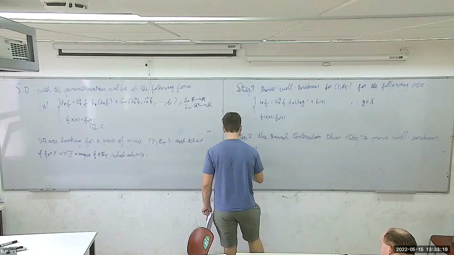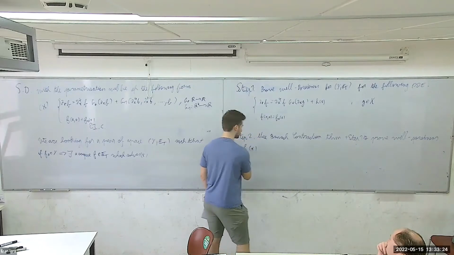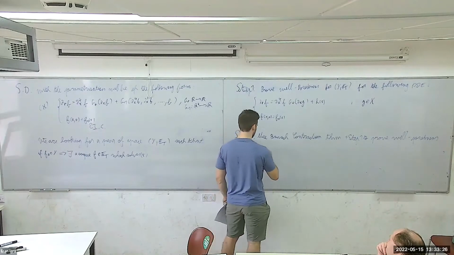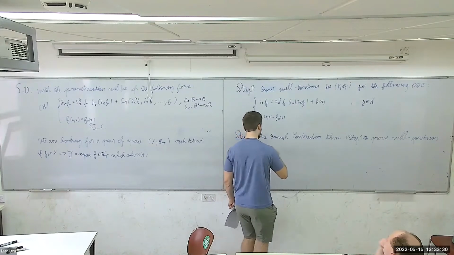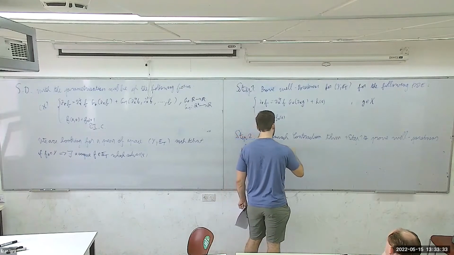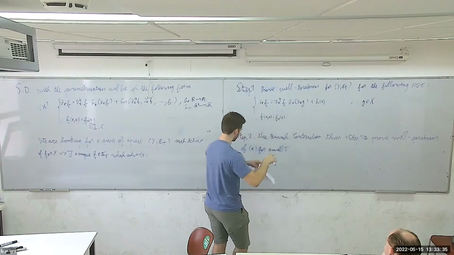And then step 3. So when we apply step 2, the time interval becomes arbitrarily very small. For small t, we have a solution.